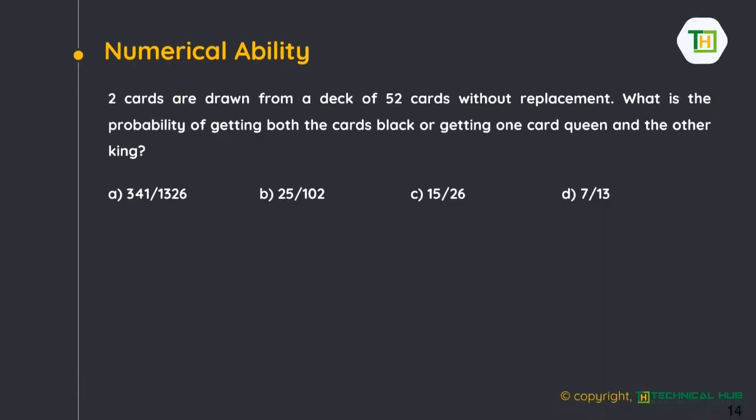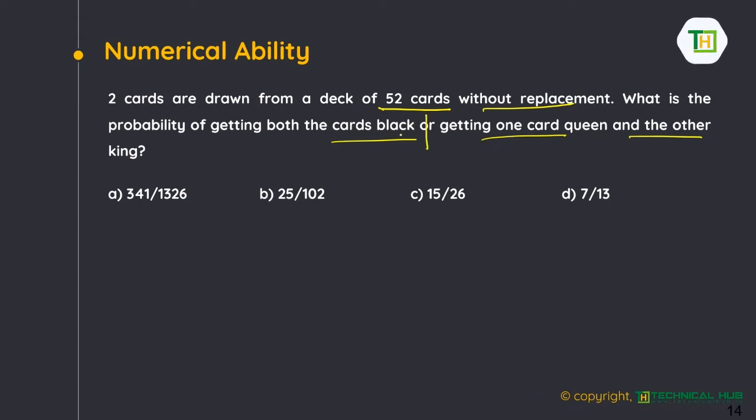Next question. Two cards are drawn from a deck of 52 cards without replacement. What is the probability of getting both the cards black or getting one card queen and another one king? First of all, taking two cards without replacement, there are two cases given.